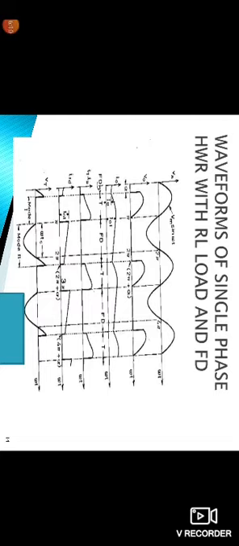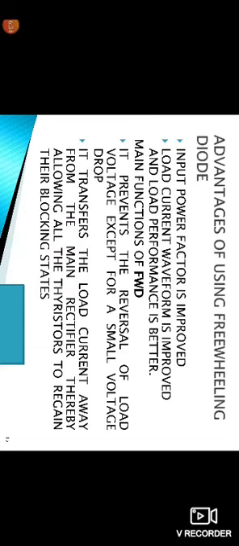Whenever the firing angle is not applied, it increases for a certain time. Whenever alpha is applied, that is mode 1. In mode 2 it follows the sine wave, and then it follows mode 1 and mode 2. These are the waveforms of the single phase half wave rectifier with RL load and freewheeling diode.